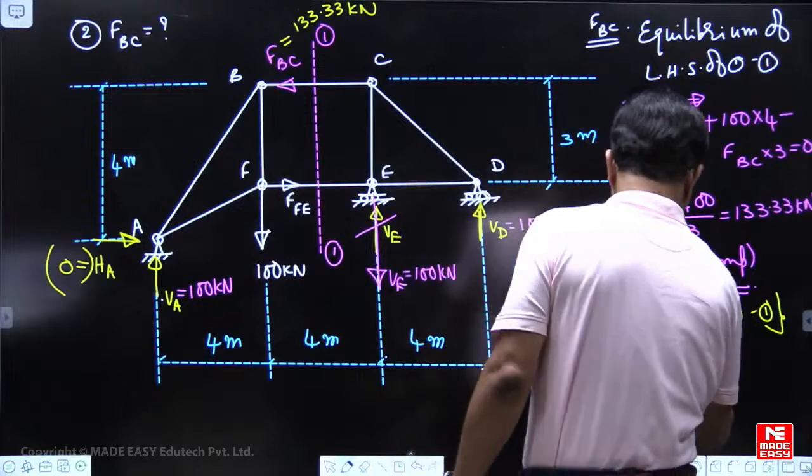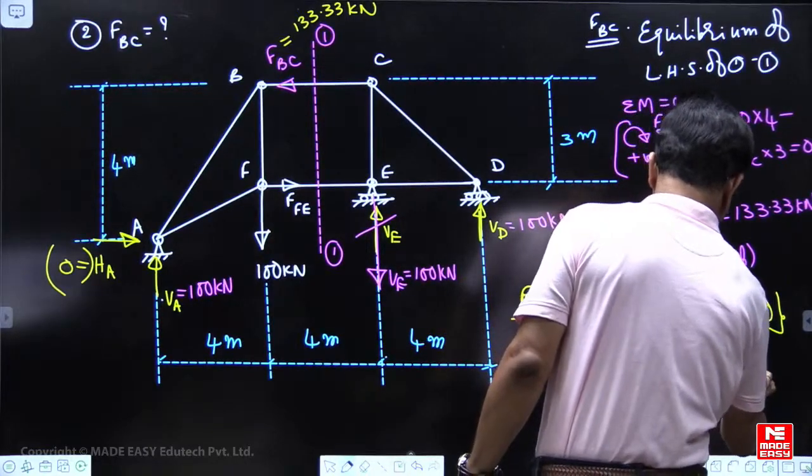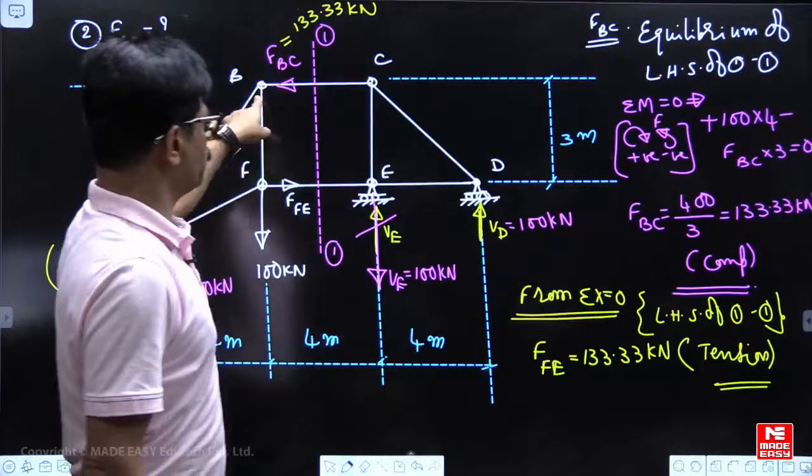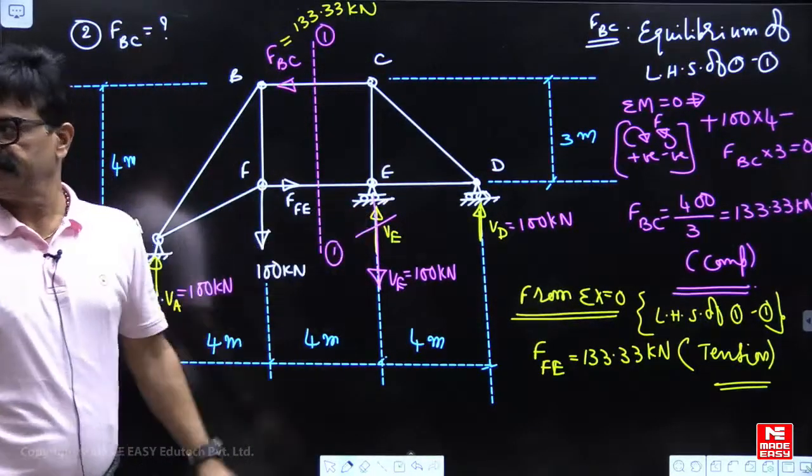Arrow mark away from the pin, so tension.